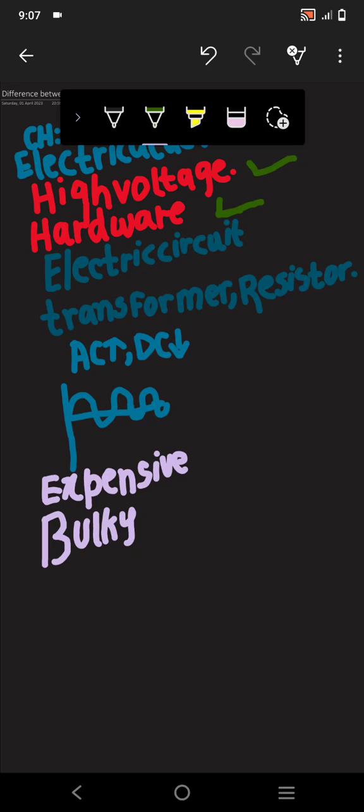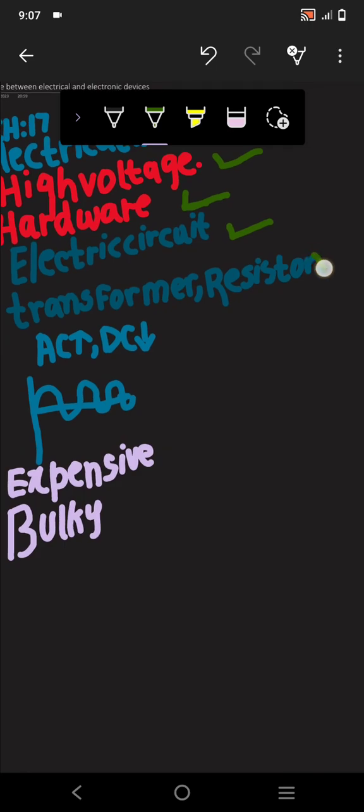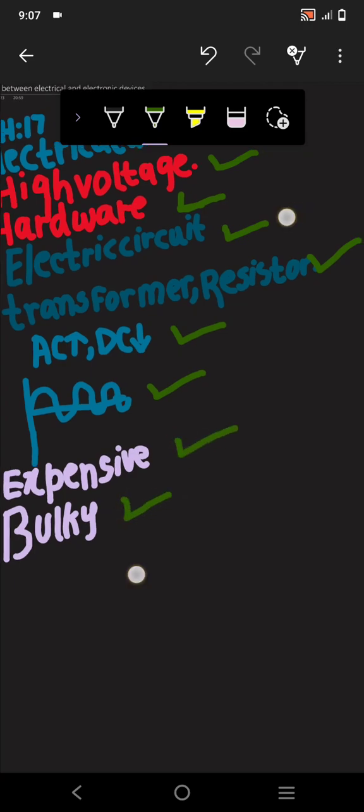They have the electric circuit inside, and they contain resistors and transformers. They use AC current more than DC current. They also use DC current, but more AC current. AC current is in this form. They are more expensive, and they are bulky, meaning they are heavy.